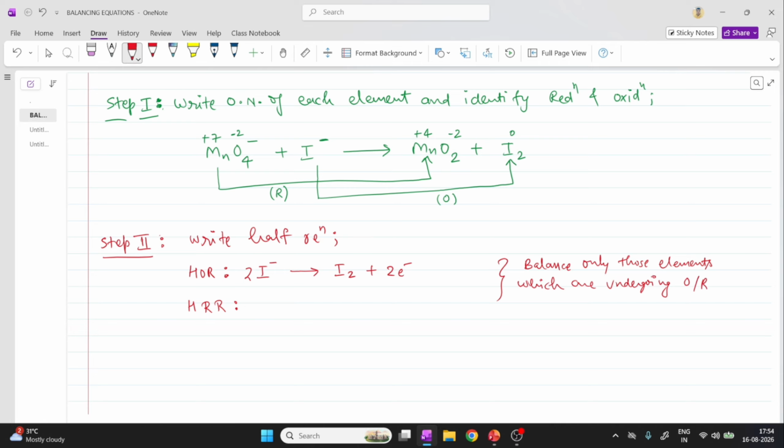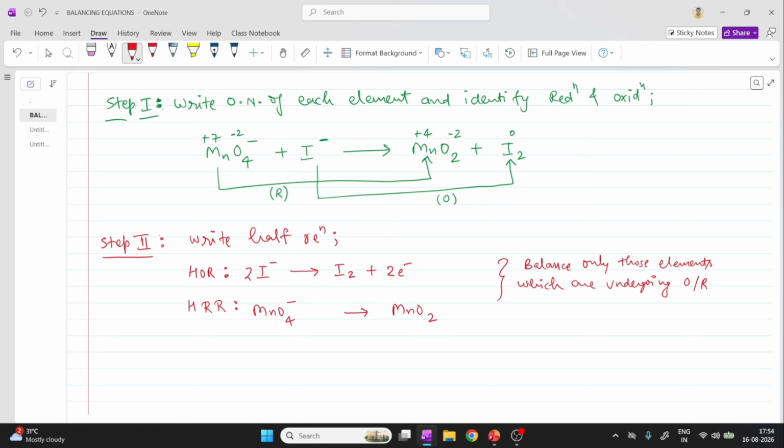Fine. Second case, the half reduction reaction. In reduction we have MnO4 minus, and this is converting into MnO2.